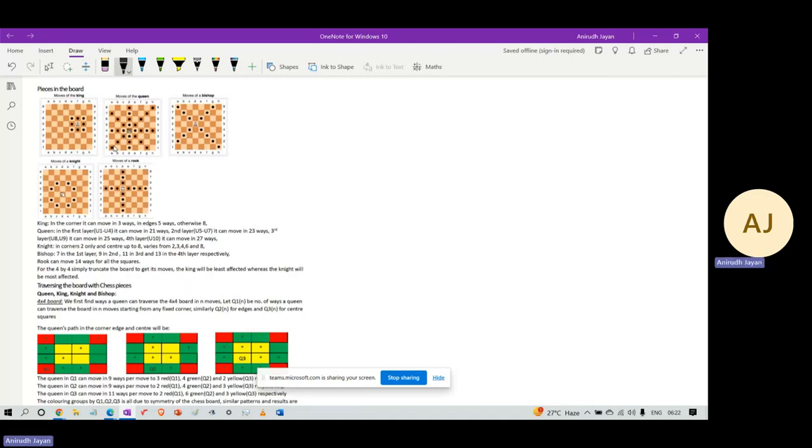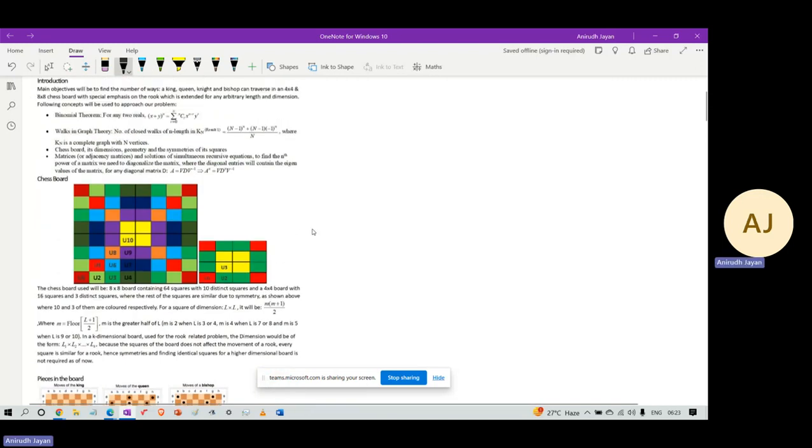A queen can move to 21 different squares from the corner, and up to 27 from the center. A bishop moves in the diagonals. The rook moves forward, backward, horizontally, vertically. And the knight moves in the L shape.